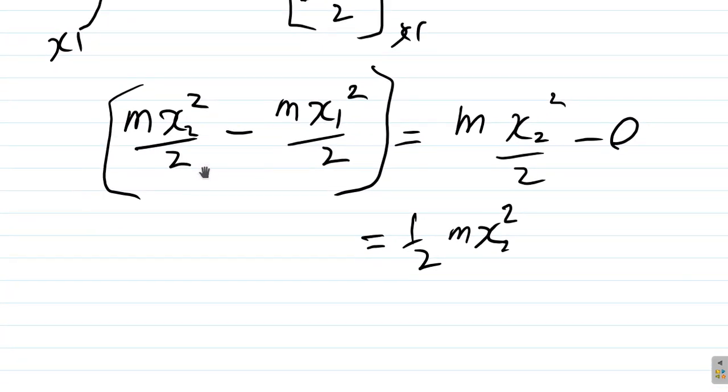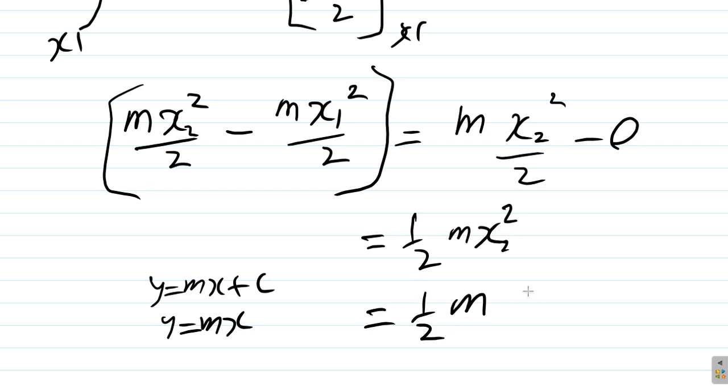Now, if you leave out the m for now, the gradient, remember it is y equals mx plus c, right? In our case, y equals mx. Here, if y is mx, let me put it this way.